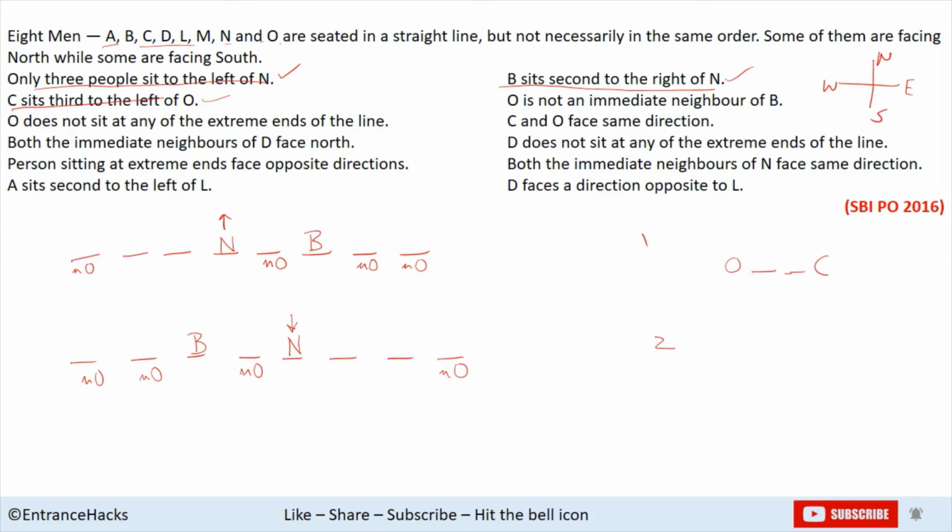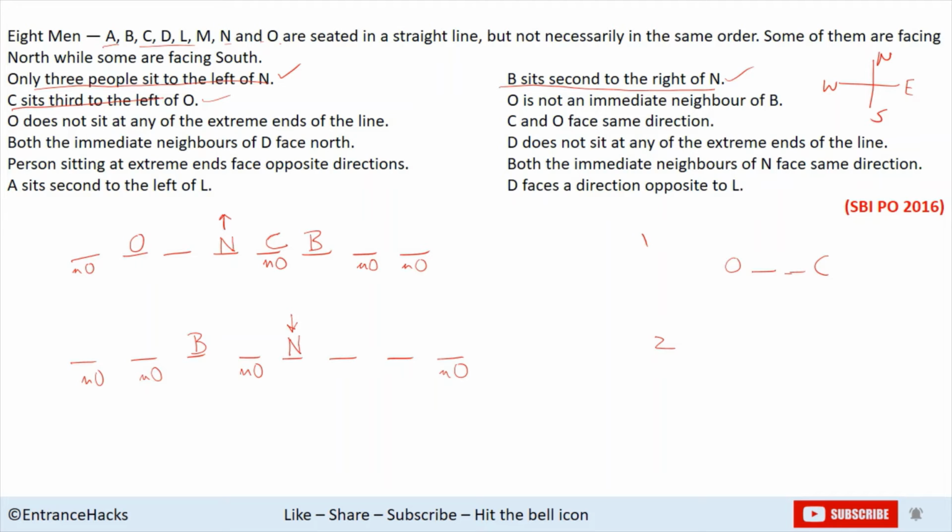So O cannot be here. If O is here, then C has to be here. So O has to be here, where we have a gap of at least two people. Now since O is here, C is here.